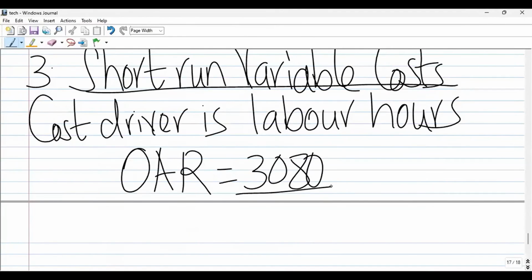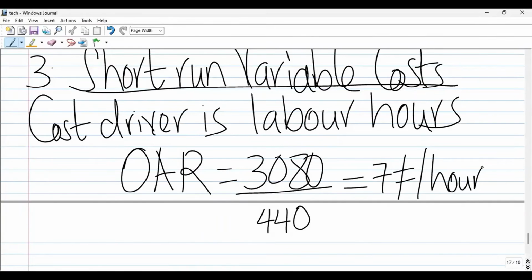The cost driver is labor hours, so I need the total labor hours. What is the total for labor hours? 440. So 3080 divided by 440, what do we get? 7 shillings per hour.